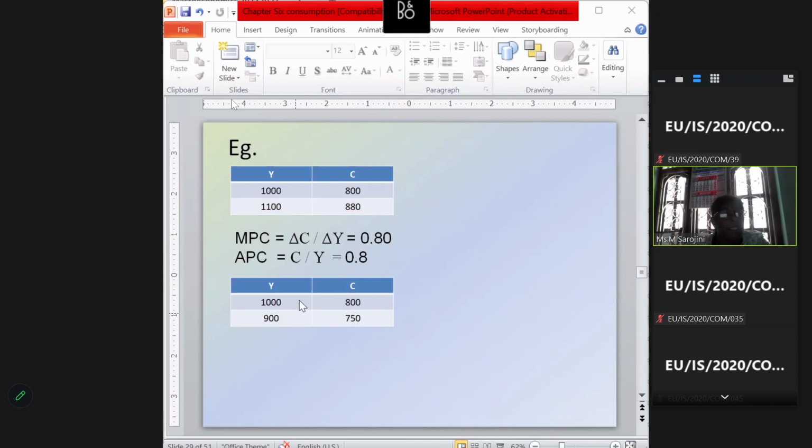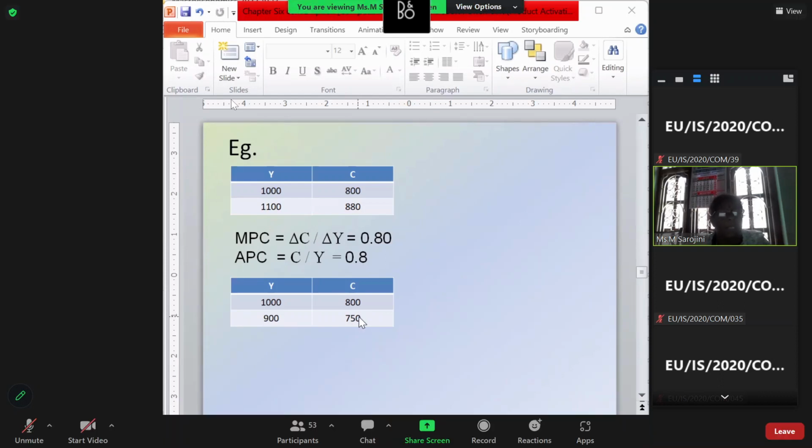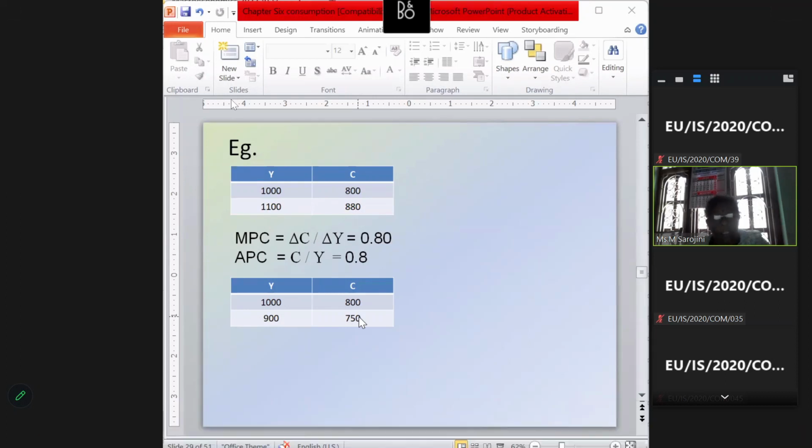Here income decreases from 1,000 to 900. Consumption also decreases, but less than proportionately. This is definitely under Duesenberry's relative income hypothesis, and also the demonstration effect.